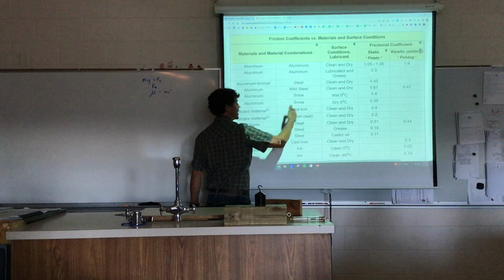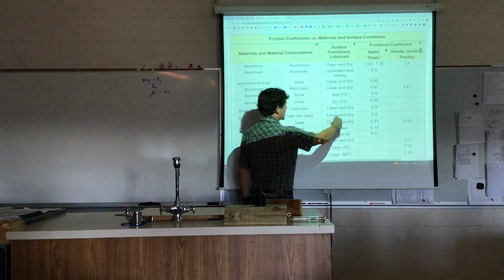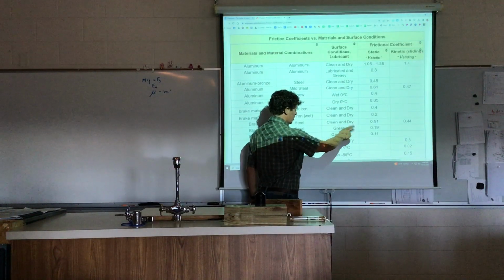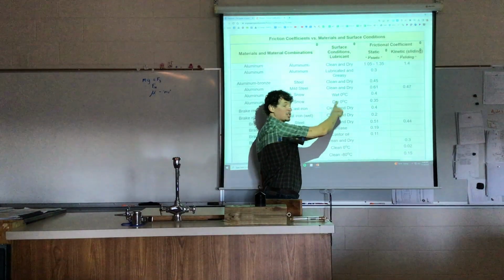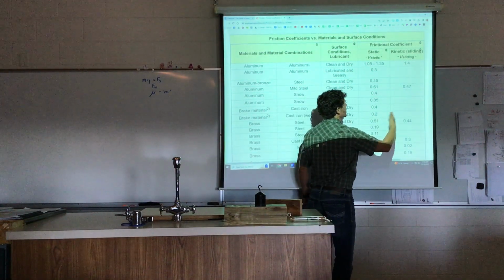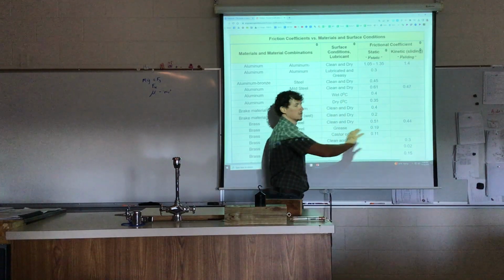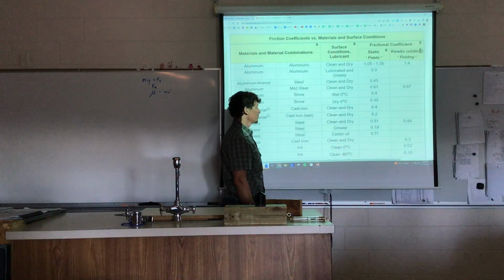This sliding on this is what it means. This sliding across this. Then we've got conditions. Is it clean? Is it dry? Is it oily? Is it wet? Temperature can be a factor. And over here, we're not really going to talk about this yet. Static versus kinetic, we're going to kind of ignore that for a minute. We will get to that today.